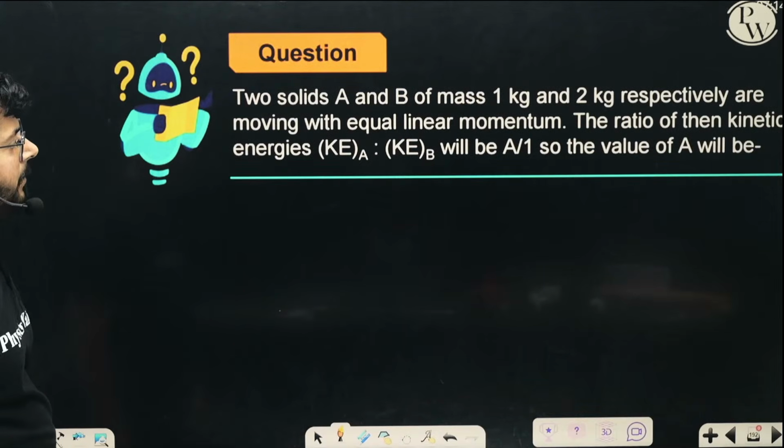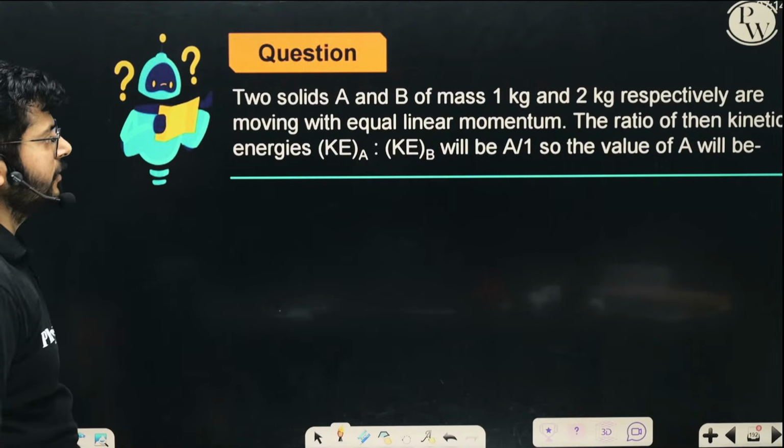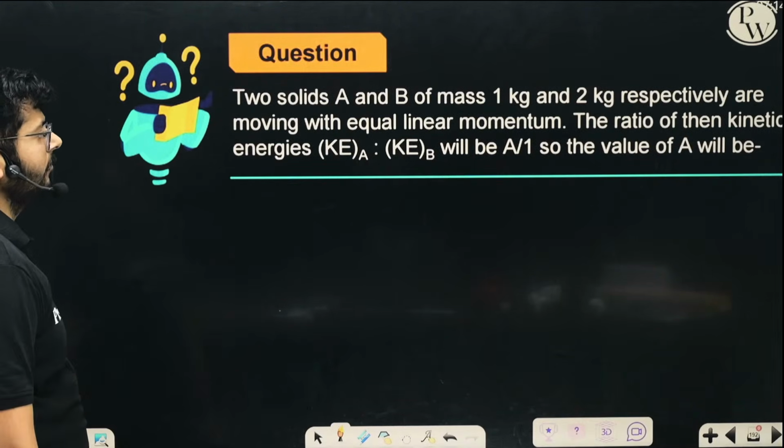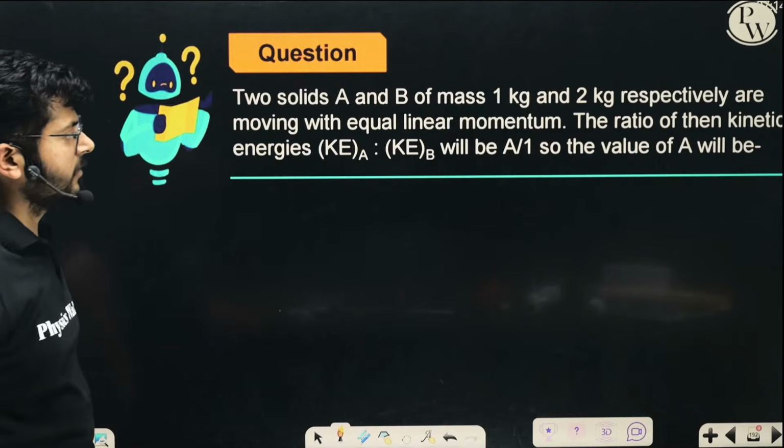Two solids A and B of mass 1 and 2 kilogram respectively are moving with equal linear momentum. The ratio of their kinetic energy will be A is to 1. So what is the value of A?